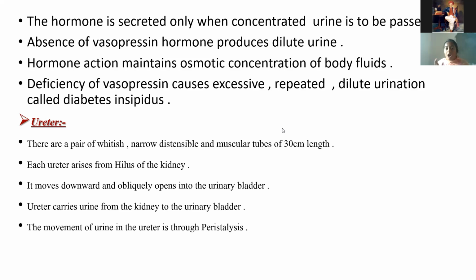In the absence of vasopressin hormone, dilute urine is produced. When vasopressin is absent, the disease is called diabetes. Diabetes is of two types: number one is diabetes insipidus and number two is diabetes mellitus.